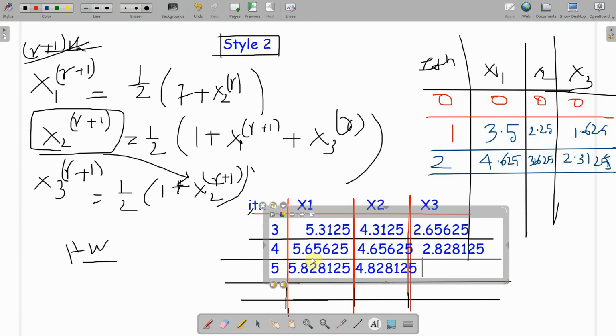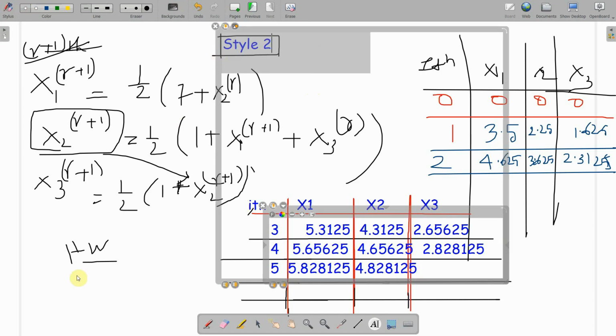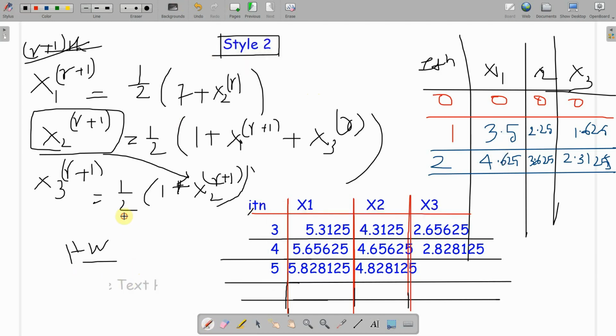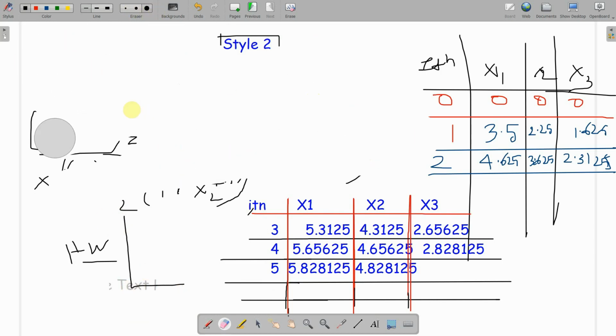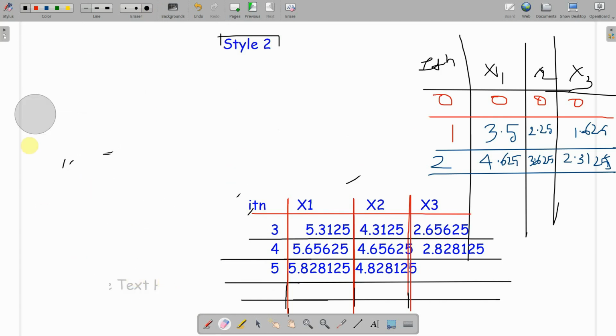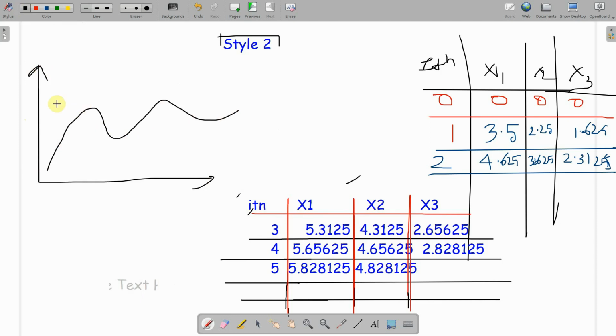Okay, so if you plot it in a graph, for numerical modeling we generally plot it on a graph. Suppose this is the result. Suppose this curve is a parameter p with respect to another parameter x.